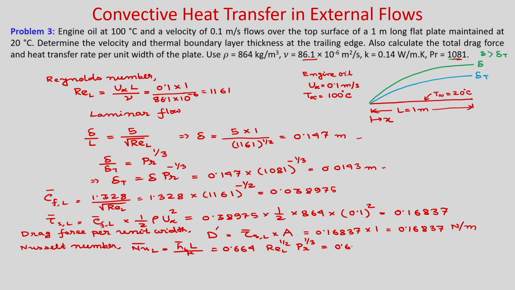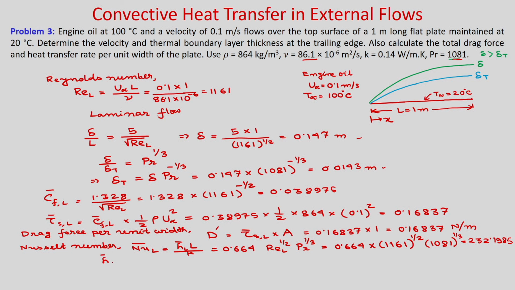So, it will be 0.664 into Reynolds number 1161 to the power half, Prandtl number 1081 to the power 1 by 3, which is equal to 232.1985.